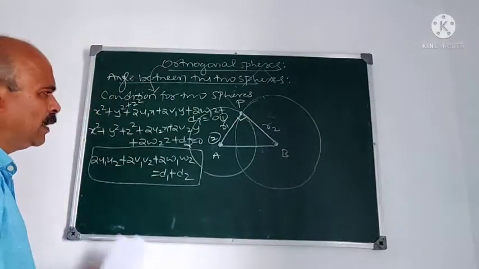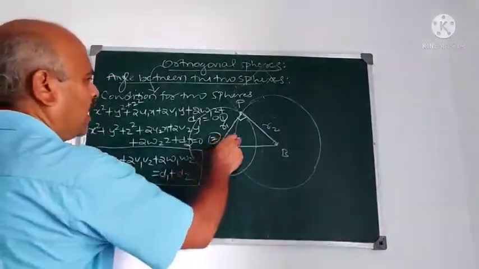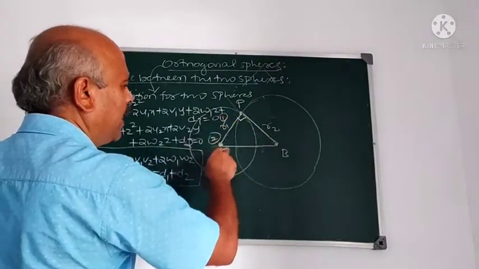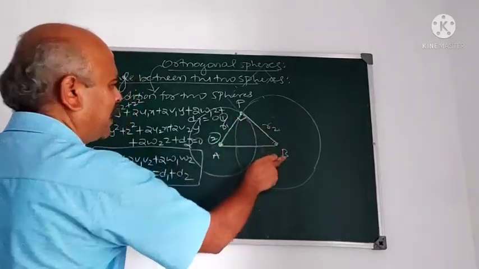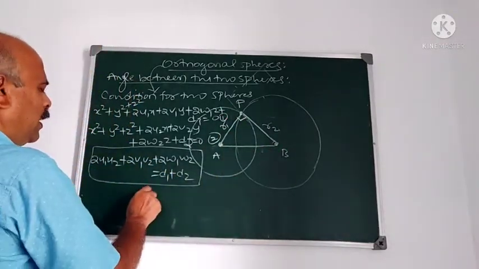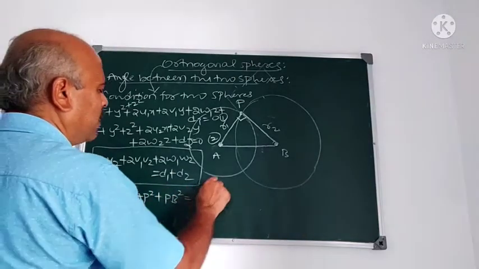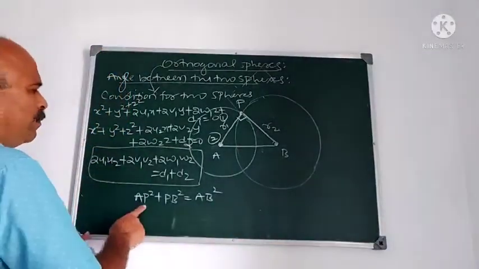For that, suppose the two spheres intersect orthogonally, r1 and r2 are the radii, P is the point of intersection, and A and B are the centers. So APB is a right angle. Therefore, AP² + PB² = AB². What is AP?